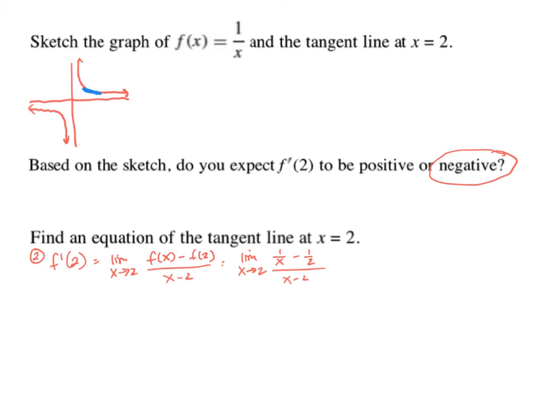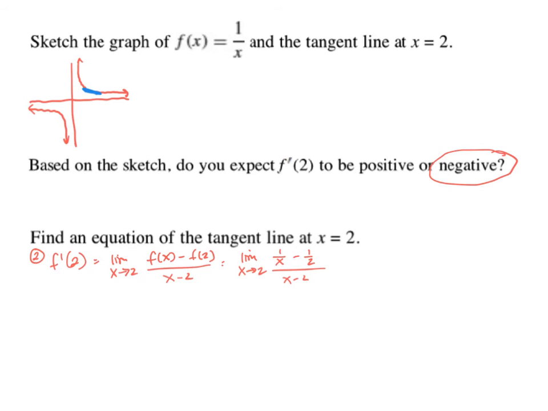Okay. We have a complex fraction now, and we need to be able to simplify this complex fraction. Okay, a couple different ways we can do it. One way is to focus on the numerator by itself, right? Find a common denominator and simplify the numerator.